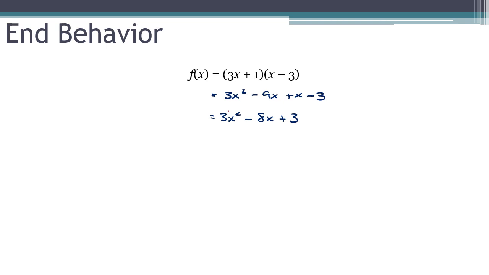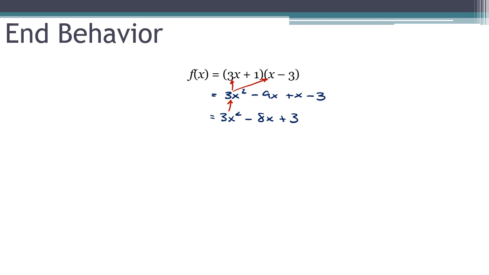The leading coefficient is this one, and it came just from those two terms. It came from the first term in each of the factors, right? And now that we've got it in this form, we can tell. You remember how I like to think about this.